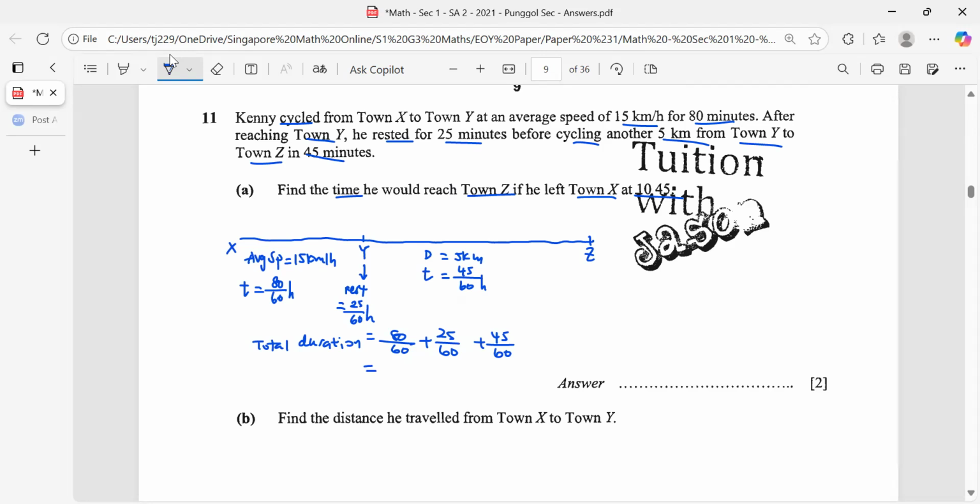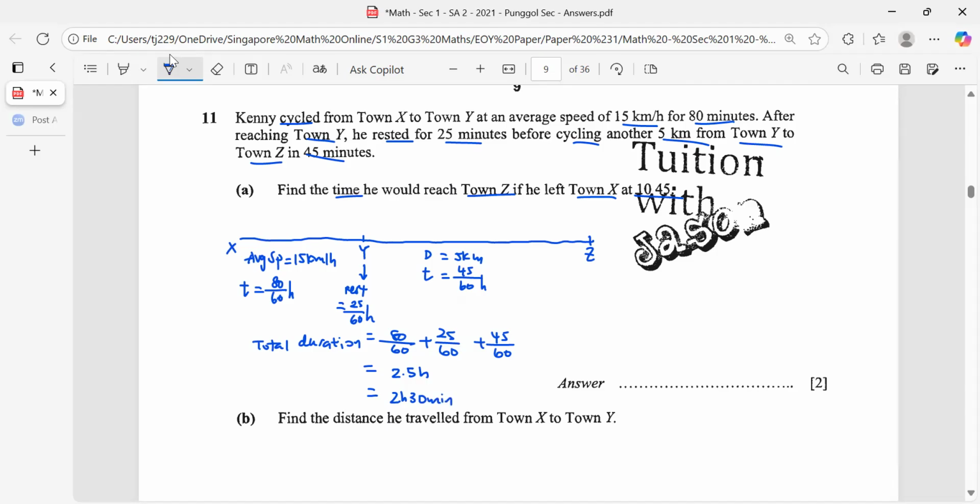And all these are in hours. Okay, that gives us a good 2.5 hours. Okay, I'm going to put it as 2.5 hours or 2 hours and 30 minutes.